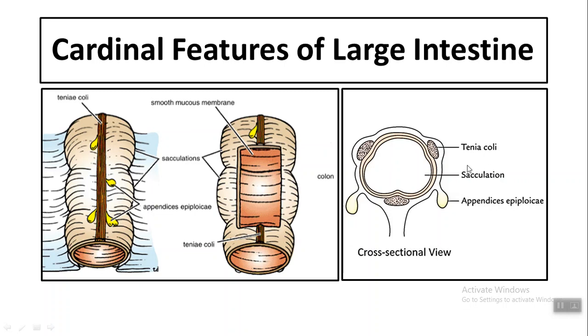The other feature is the sacculation or the haustration, and the other feature is the presence of appendices epiploicae. Appendices epiploicae, these are in yellow color, or another name is the fatty tags. These are pouches of peritoneum that is covering the large intestine and containing fatty tissue.